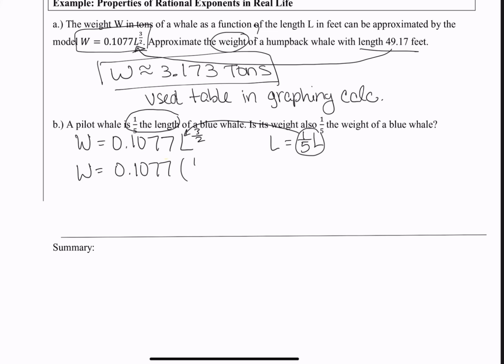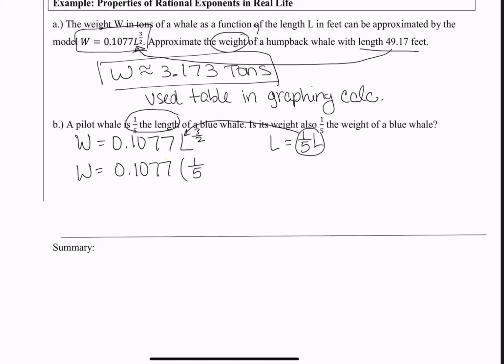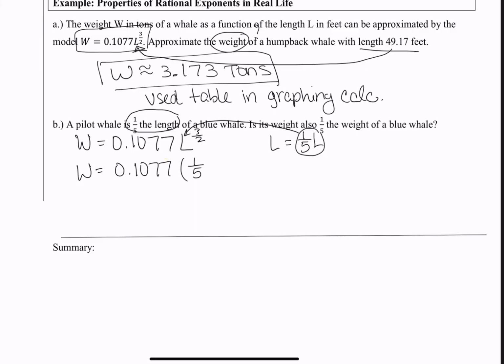Now, 1/5 times L is being raised to the 3/2 power. So now I have this extra factor in here of 1/5 to the 3/2 power, right? I have a product being raised to a power, so I'm going to give that power to each factor in the product.